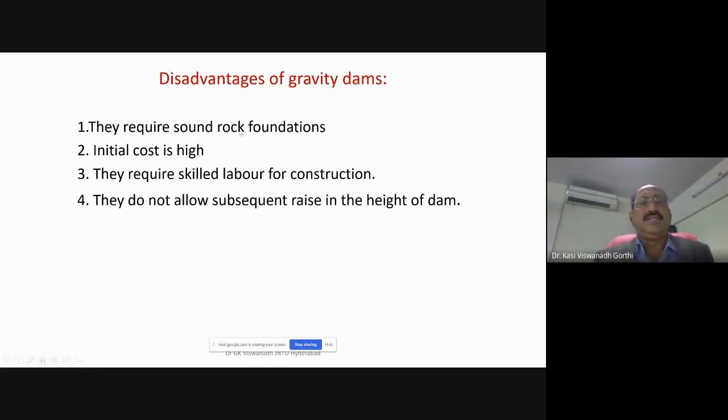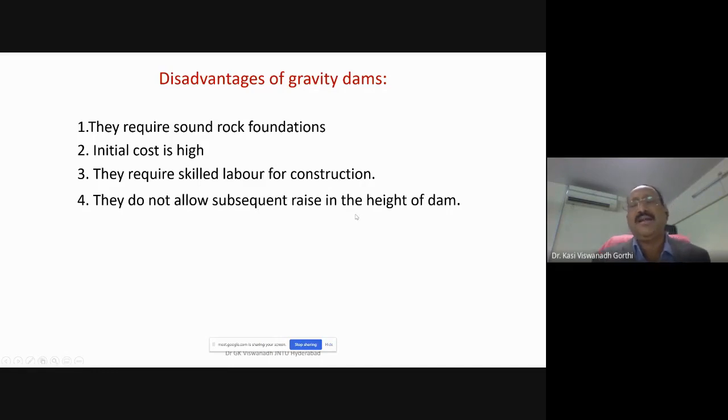The second disadvantage is you are constructing with a very costly material like concrete or masonry, so the initial cost is very high. Skilled labor is required for constructing the dam. Another disadvantage is they don't allow the subsequent raising of the height of the dam.